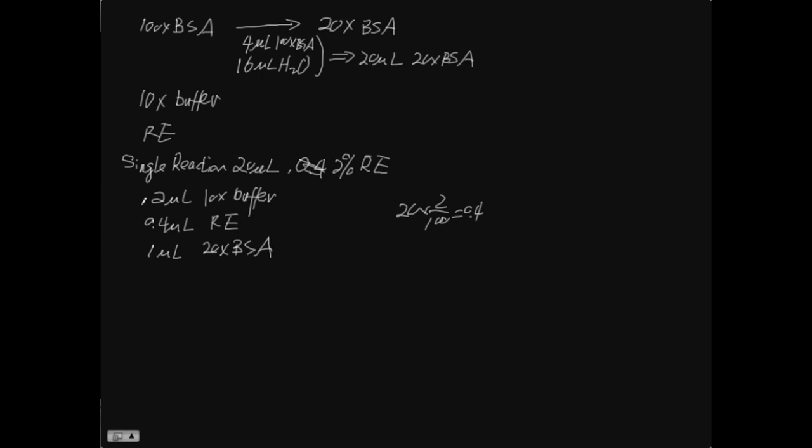And we also need 1 microliter 20x BSA. And the water should be the remaining part. And because we have 10 microliter PCR product, the total is 20. That means the remaining water should be 6.6 microliter.